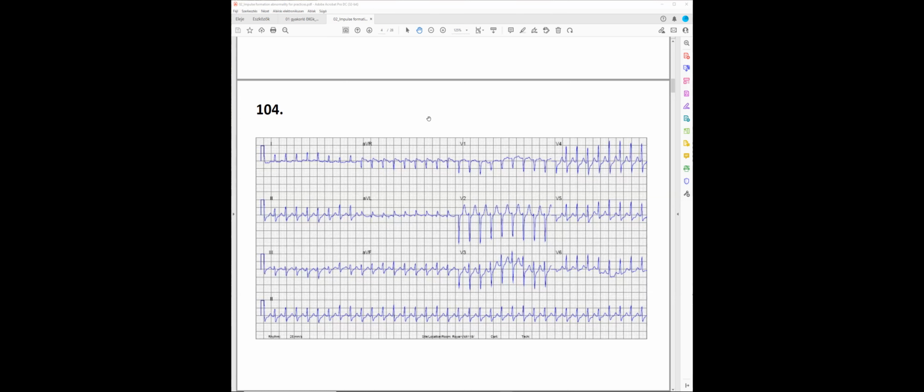No, more than 100, because we said that 100 is the lower limit of tachycardia. But you know that the maximum sinus rate depends on the age. So 210 minus the age is about the maximum rate that the sinus can fire. For example, in my case, because I'm much older than you are, I cannot have a rate of 190. But you can have a rate of 180 very easily.